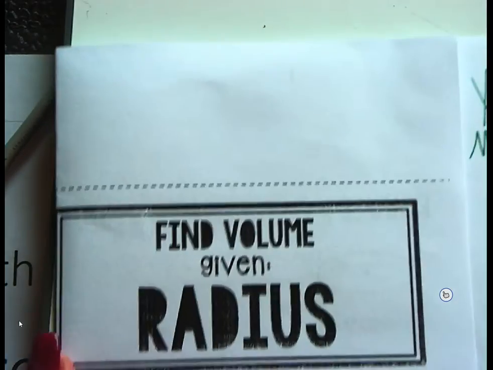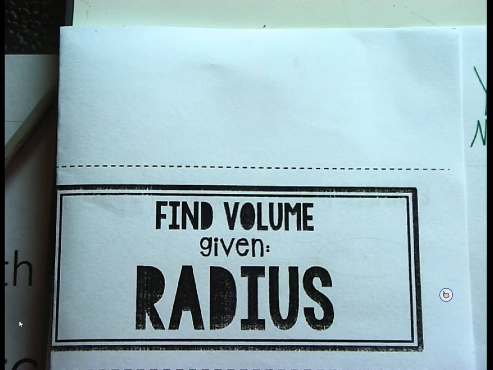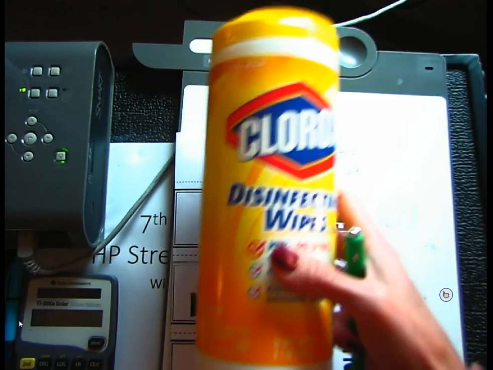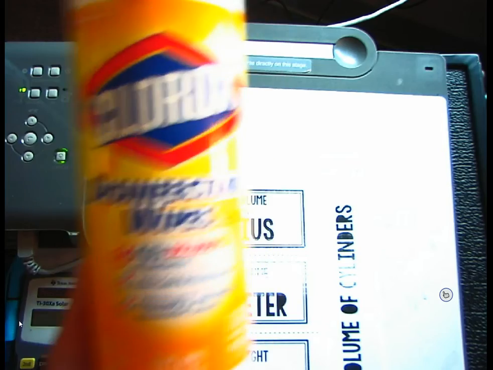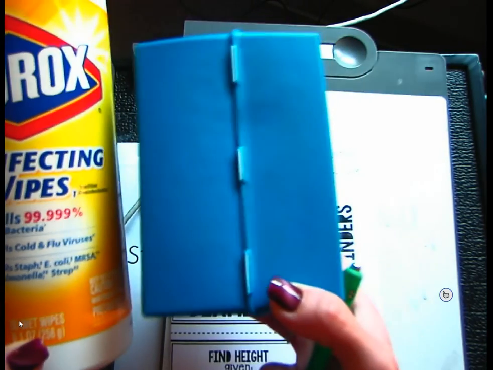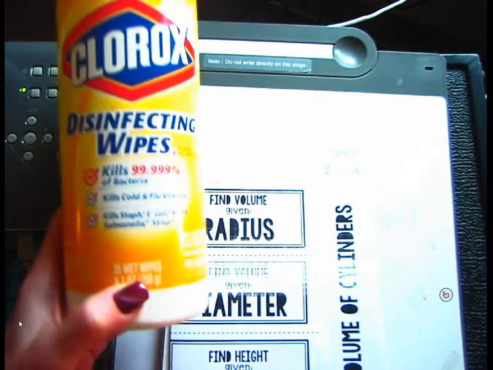And we came up with a formula together in class for volume of cylinders, and we're going to write that up here because we noticed the only difference. Here is an example of a cylinder. A prism has a base that is a rectangle, and a cylinder has a base that is a circle.